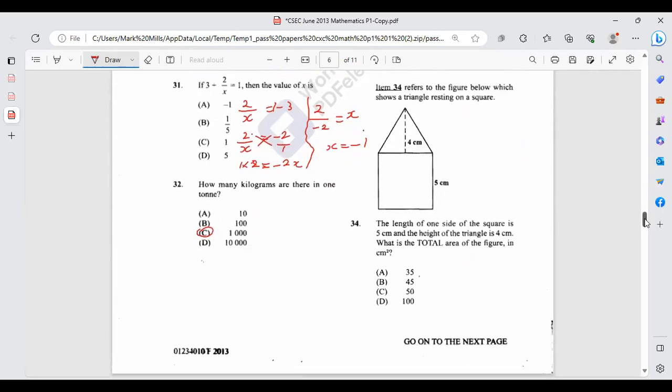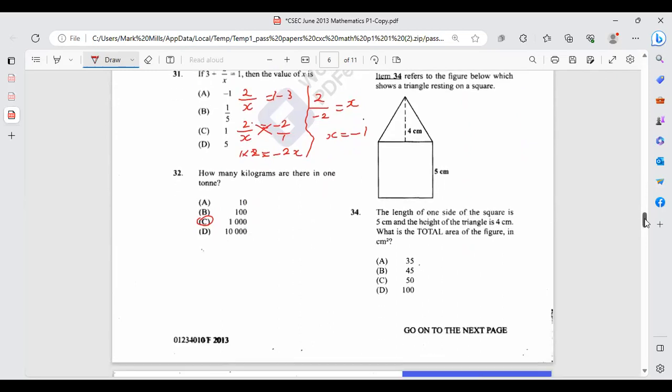34. Item 34 shows a triangle resting on a square.